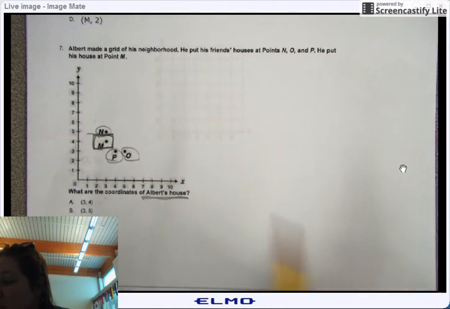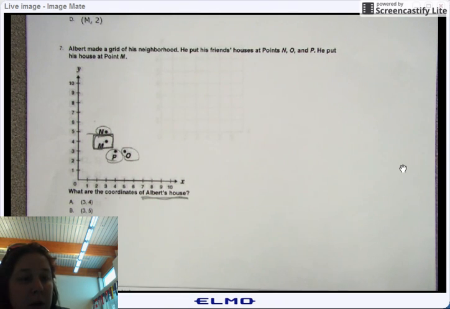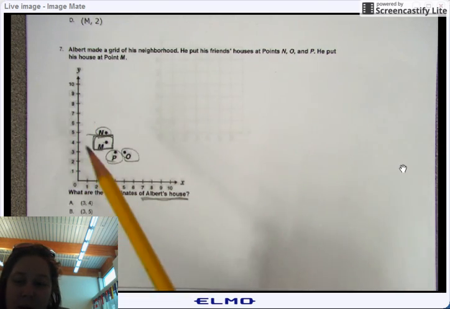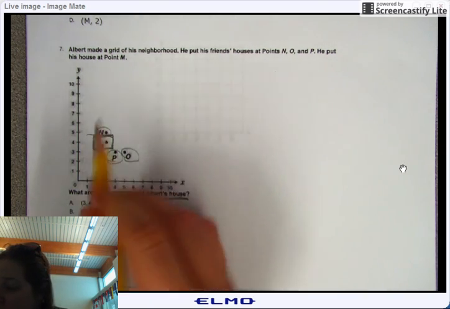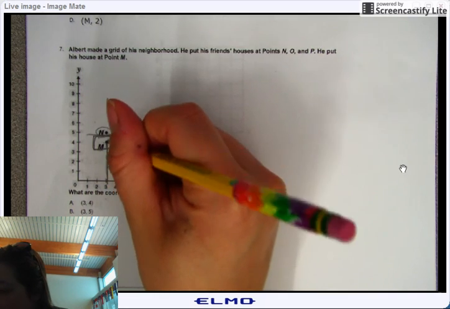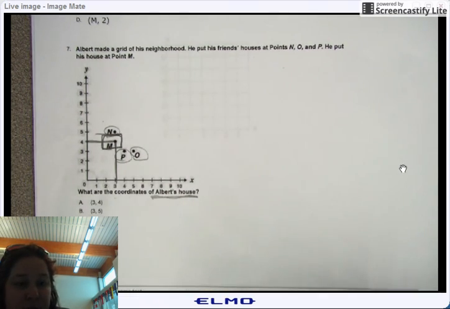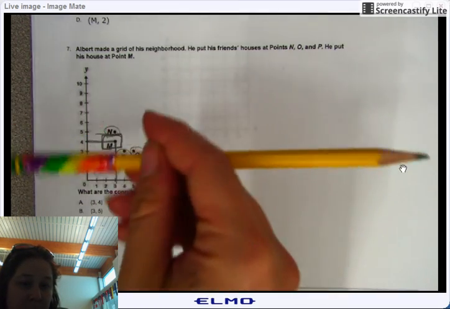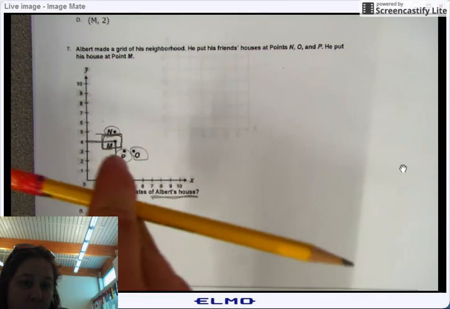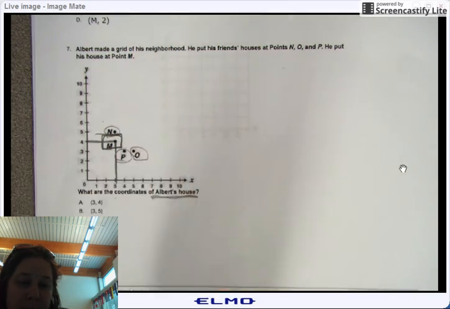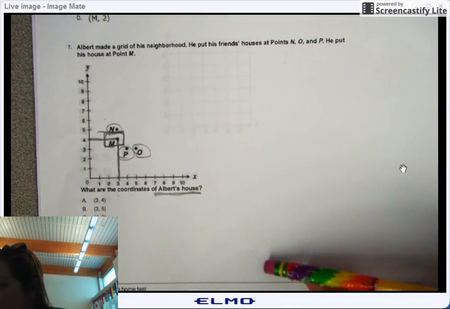So they kind of tricked you here because they gave you extra information up here. So what you need to do is look at M. I would draw a straight line down and a straight line over, and you should have your answer. Remember to go over this way and then up. Over and up. You should have your answer.